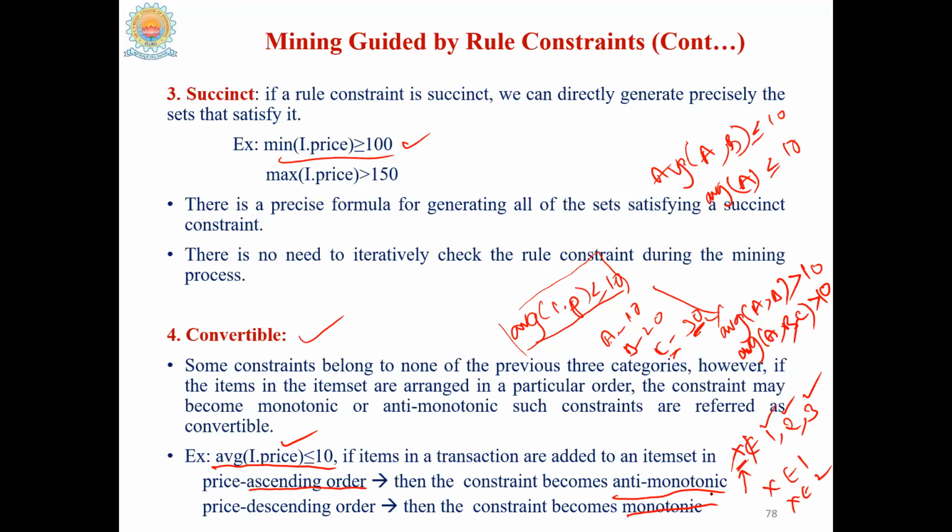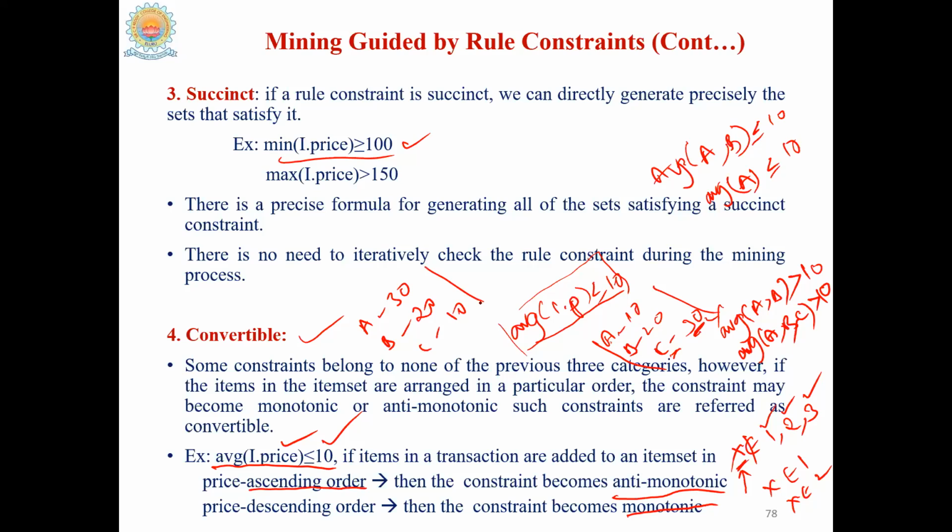Initially, it doesn't belong to any of the three above. After that, if you arrange it in either descending or ascending order, then it can be convertible to monotonic or anti-monotonic. So such a kind of constraint belongs to the convertible constraint. You can also consider the same example and place ABC in descending order: the cost of A is 30, the cost of B is 20, the cost of C is 10.